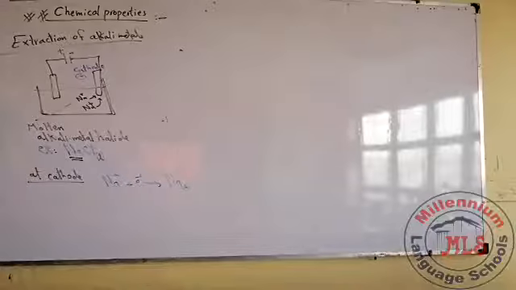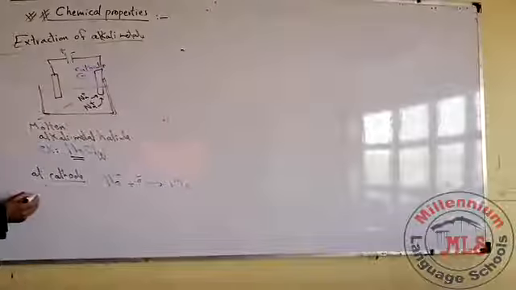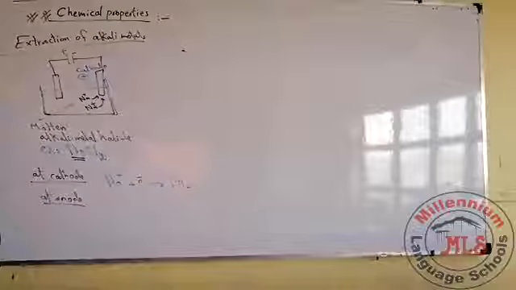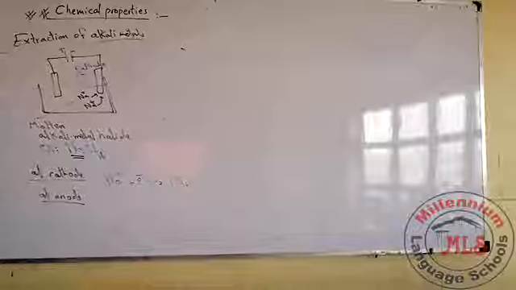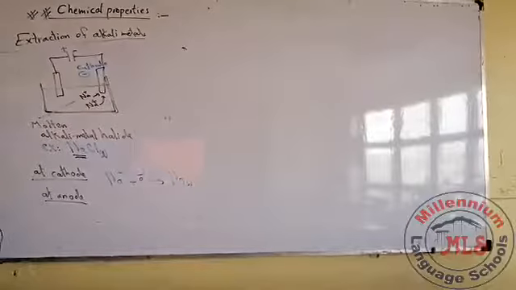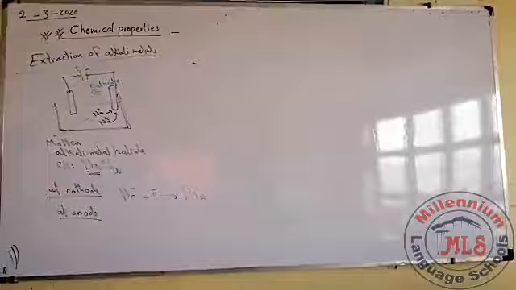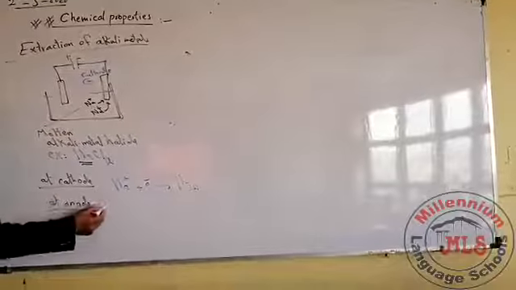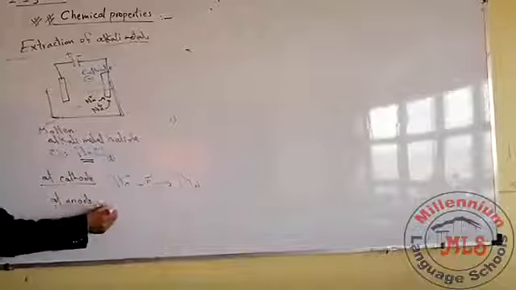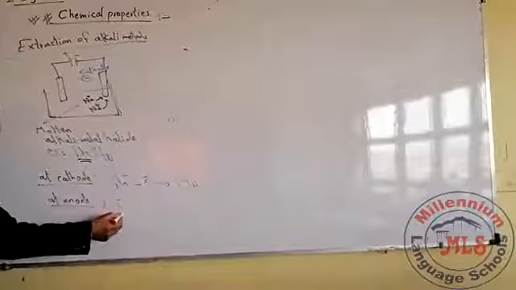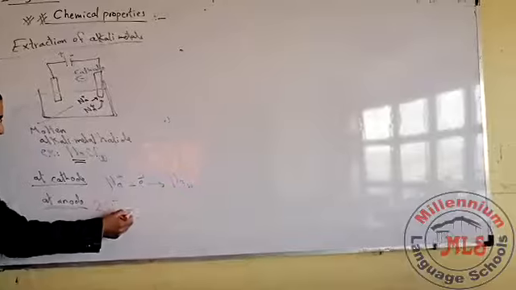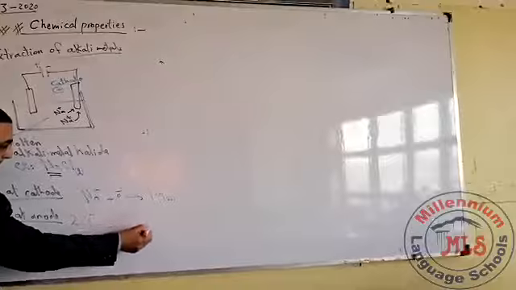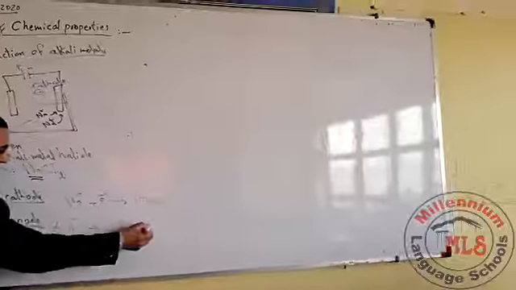But what happened at the anode? At the anode, an oxidation process occurs, which means losing of electrons. So, negative chloride ions, 2Cl negative ions, will be oxidized into chlorine gas and 2 electrons.